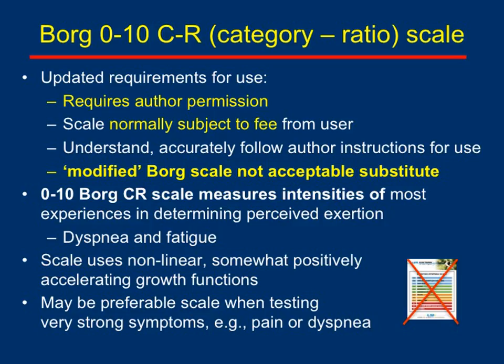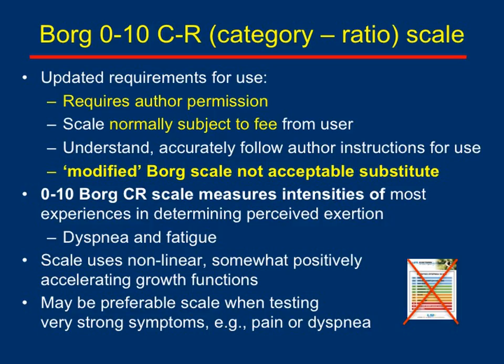And I'm referring to the Borg 10-point scale, but I'll talk about the other ones as well. The CR stands for category ratio. So it does require author permission, and I'll give you the information to access that.